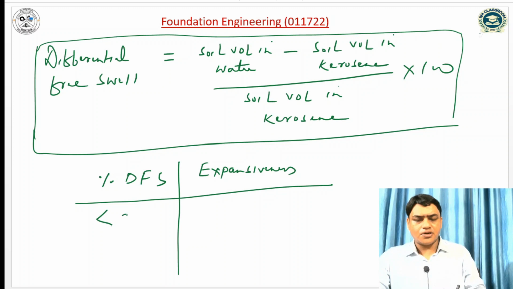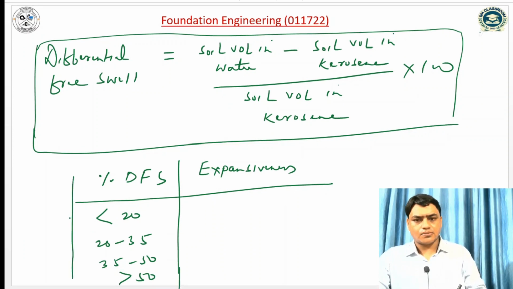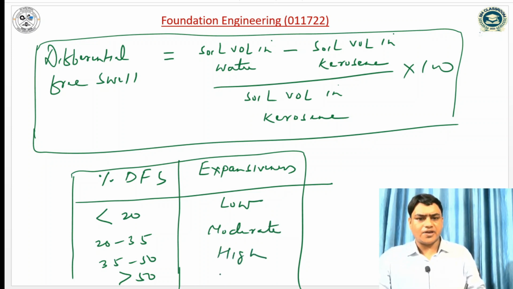If it is less than 20%, then 20 to 35, 35 to 50, and greater than 50%, it will be low, moderate, high, very high degree of expansiveness.